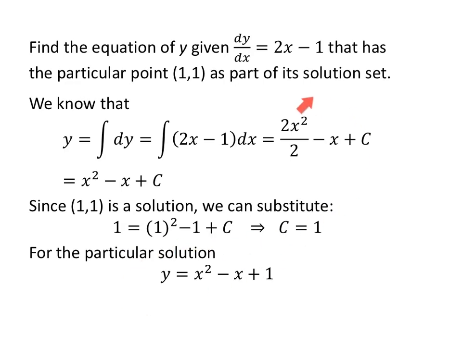So the general antiderivative, I should take the simplified version, is here. But the particular antiderivative that has (1, 1) as part of its solution set is the equation y equals x squared minus x plus 1. Alright, so we found our function and a particular solution. This all being ones, coincidence, it'll be different in the future.